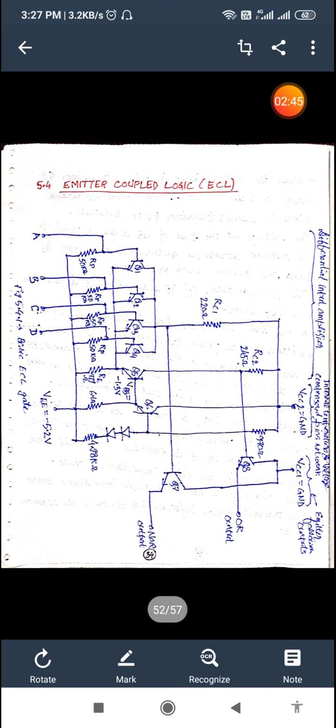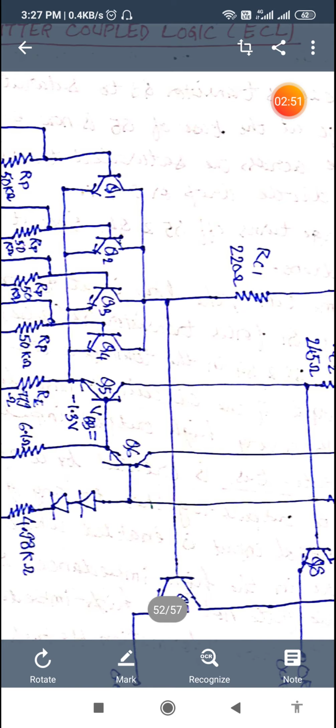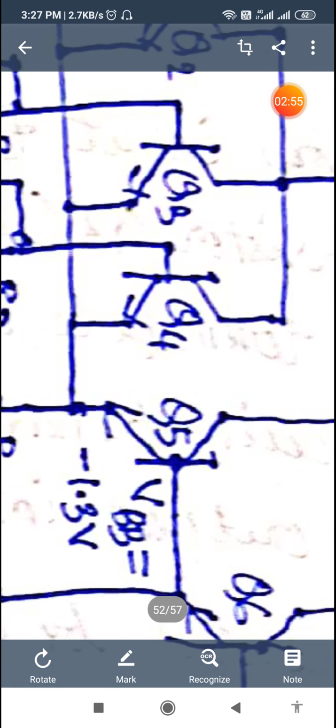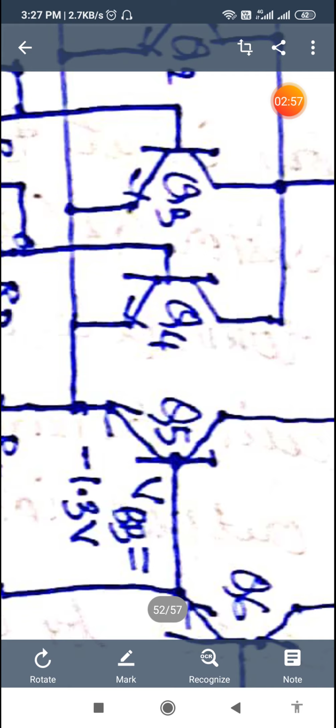Now we can say that the bias voltage VBB, see here, is set at minus 1.3 volt, which is the midpoint of the signal's logic swing.